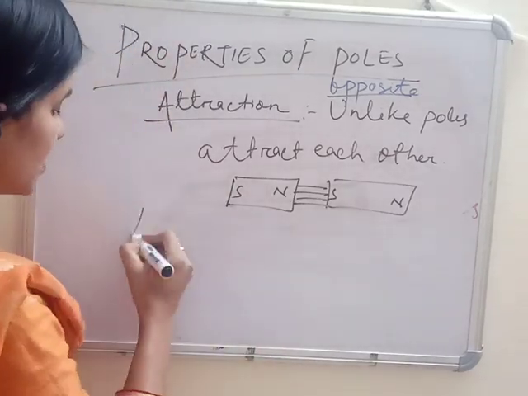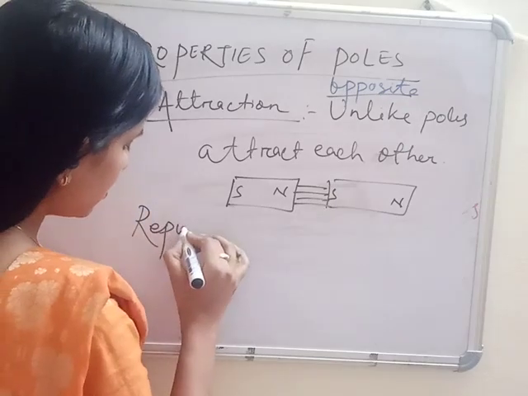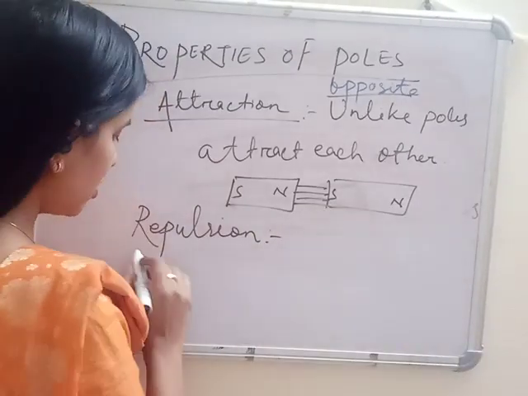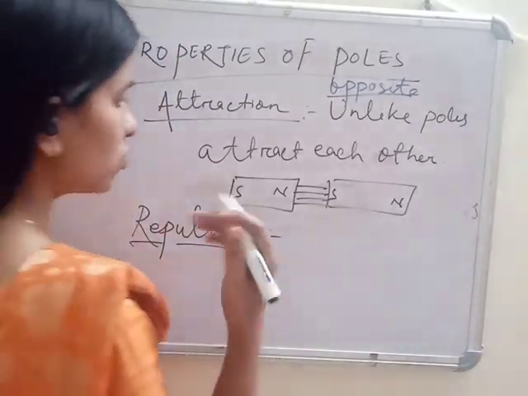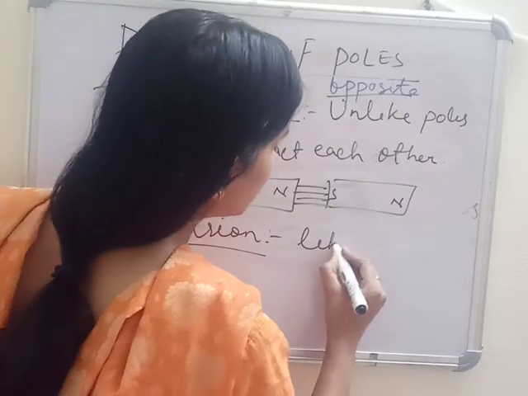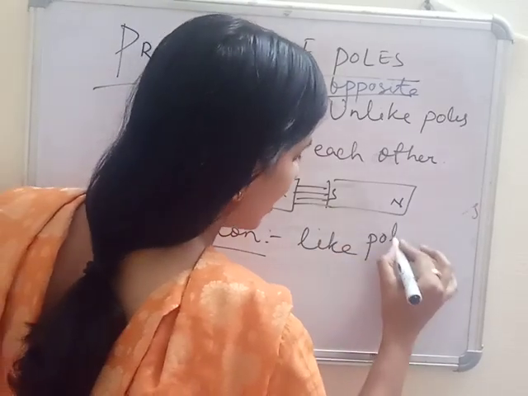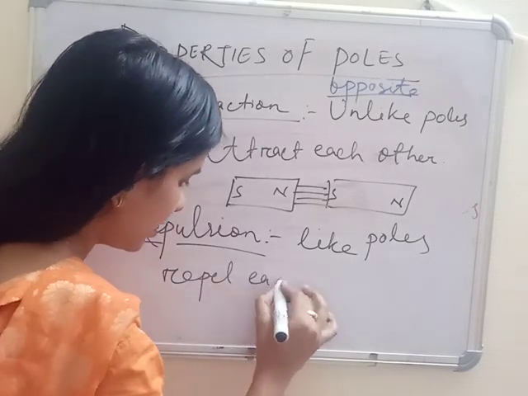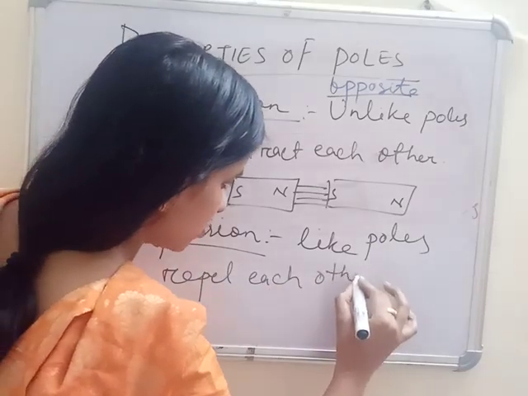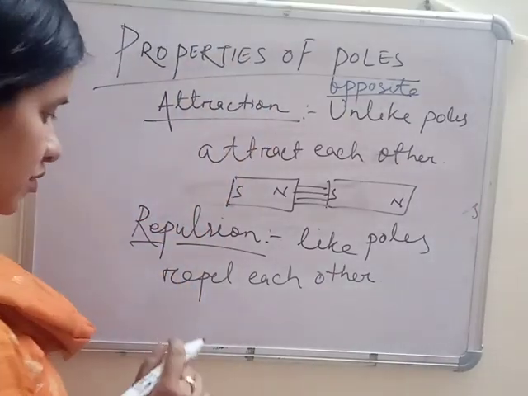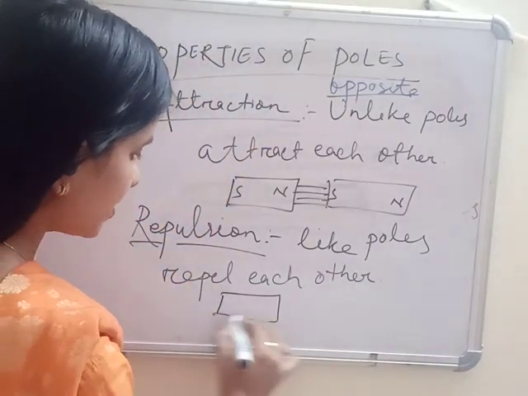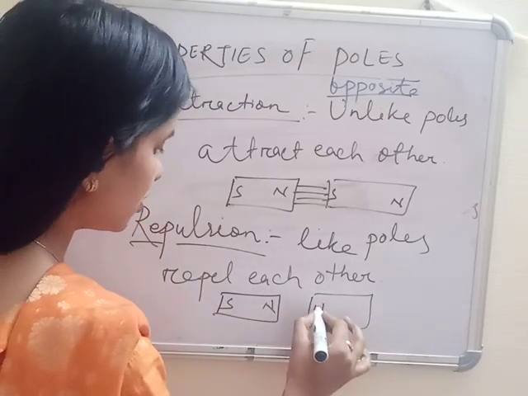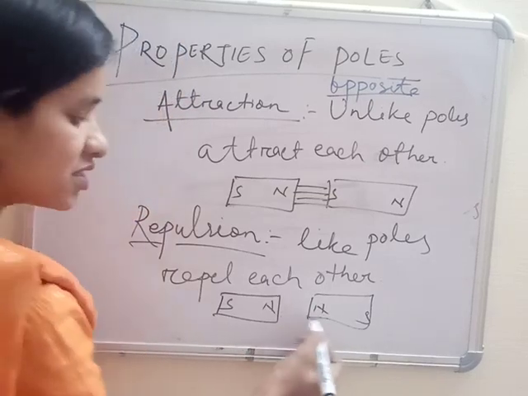Next is repulsion. Repulsion means far away, not attracted. So like poles repel each other. It means if it is a magnet and it is another one, and it is north and south, and it is north and south, they are like poles, meaning same poles.